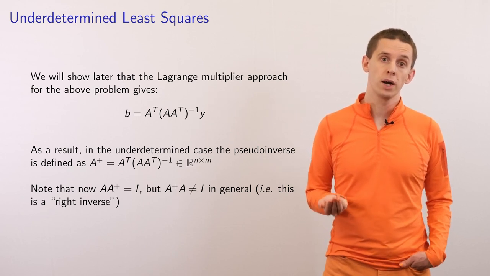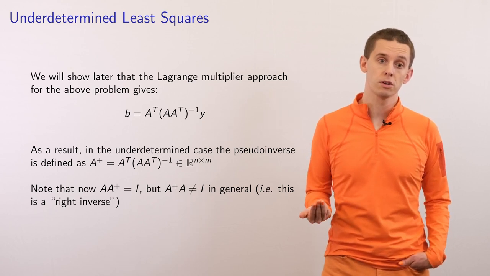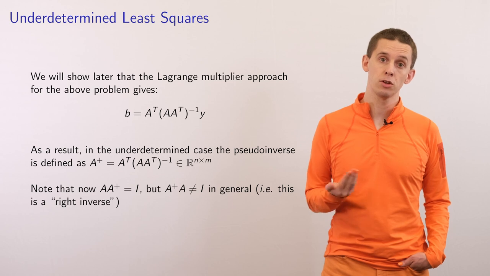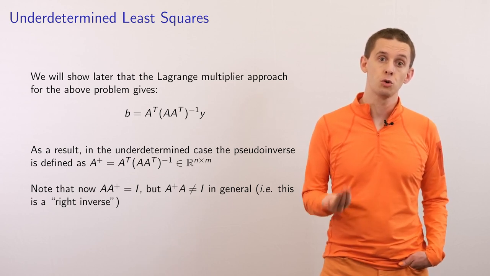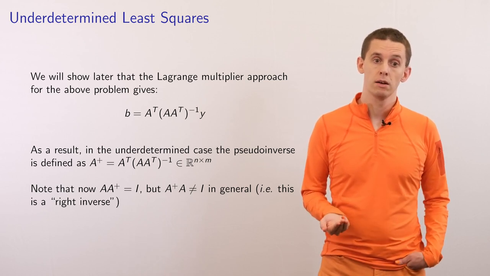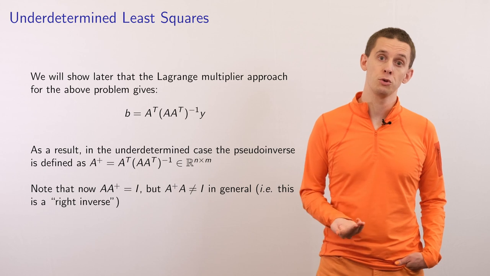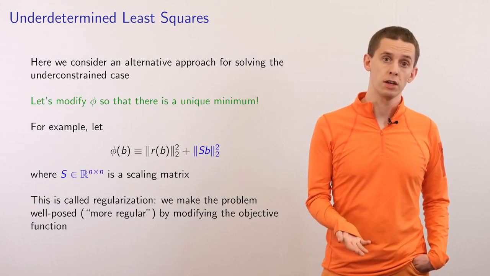And here we note that the previous behavior of the pseudo-inverse is reversed. Now A times its pseudo-inverse is equal to the identity, but in general, the pseudo-inverse times A is not equal to the identity. So here, the pseudo-inverse becomes what we refer to as a right inverse. We'll revisit this problem when we get to the optimization section.